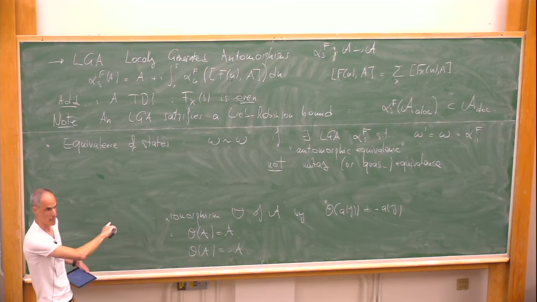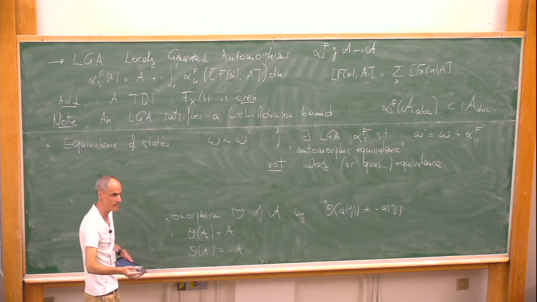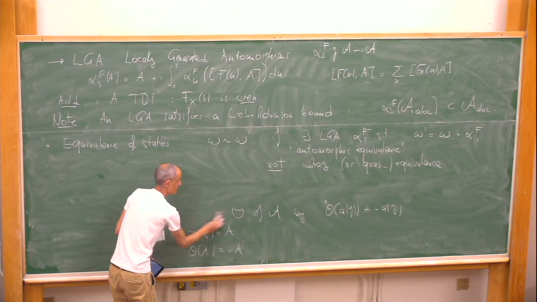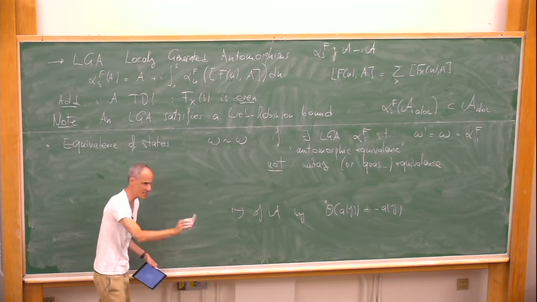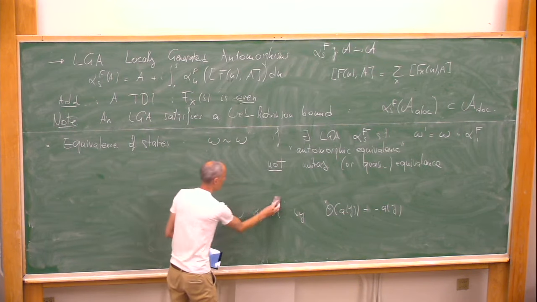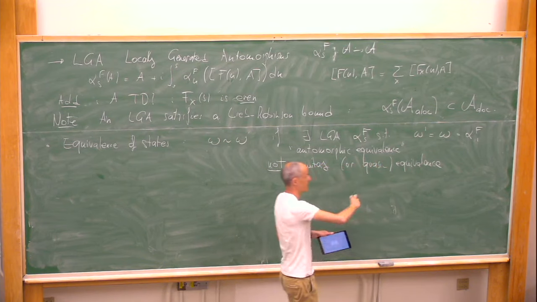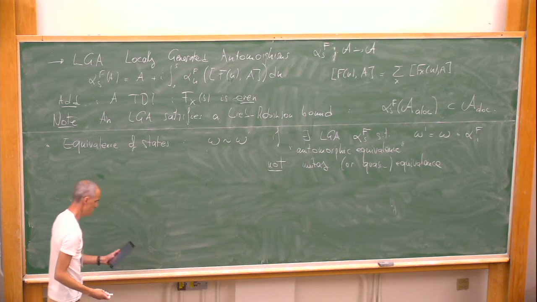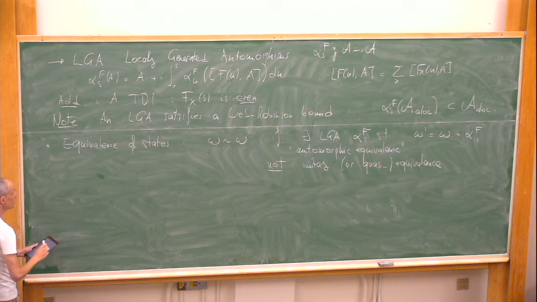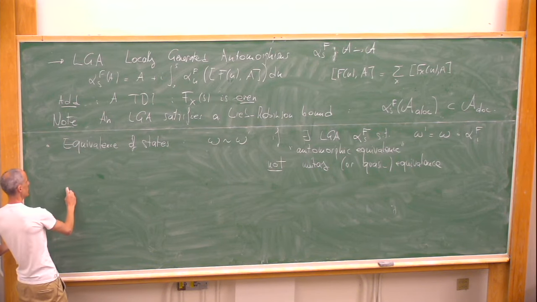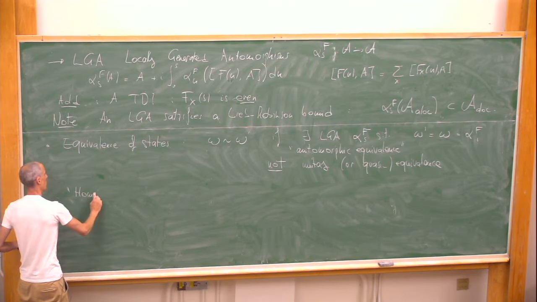Neither omega nor omega prime are ground states of that. So the Hamiltonians that I've introduced thus far, there will still be actual Hamiltonians, but so far, they're just there to generate these deformations. So in fact, you know, in a sense, this is the right notion of homotopy of states.